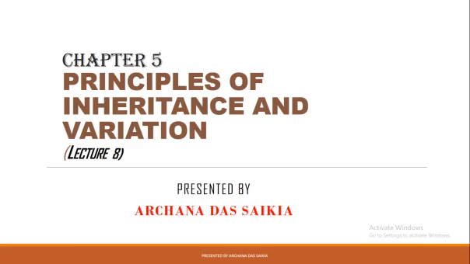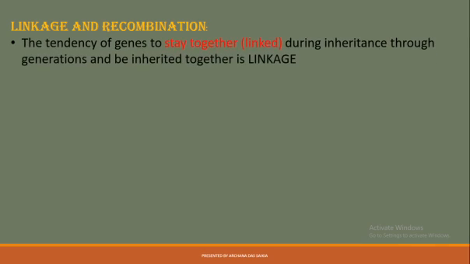In continuation with the lecture series on principles of inheritance and variation, today we will discuss linkage and recombination. Linkage is the tendency of some genes to always stay together during inheritance and also be inherited together.